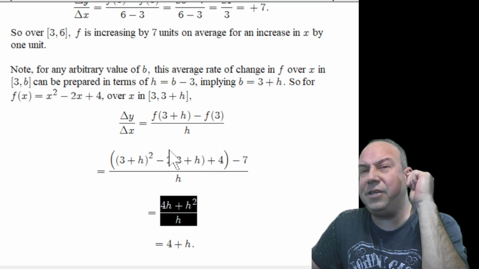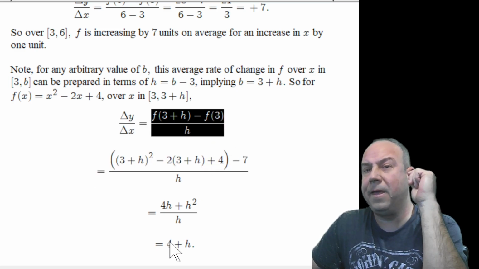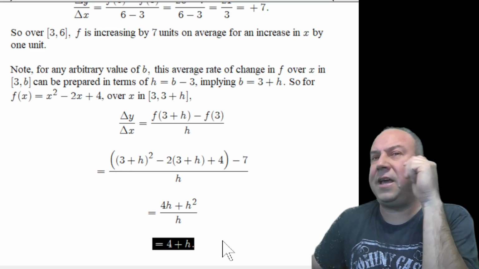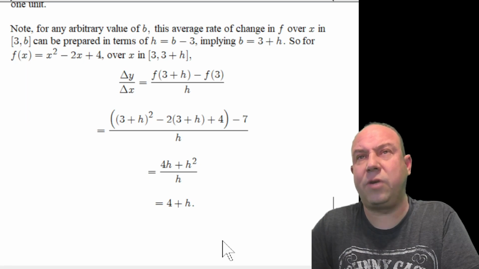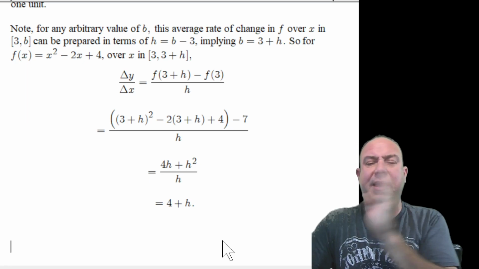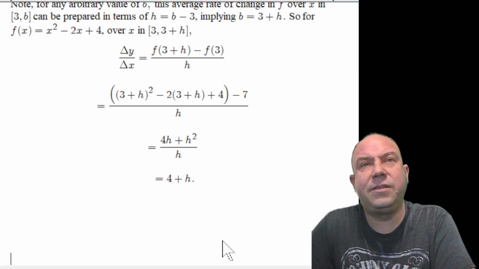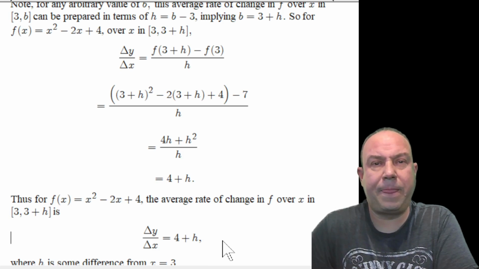Dividing that by the h in the denominator of this calculation for the average rate of change, we're left with the statement 4 plus h. And what 4 plus h becomes is the description of the average rate of change from 3 to any other value at a distance of h units away from 3.